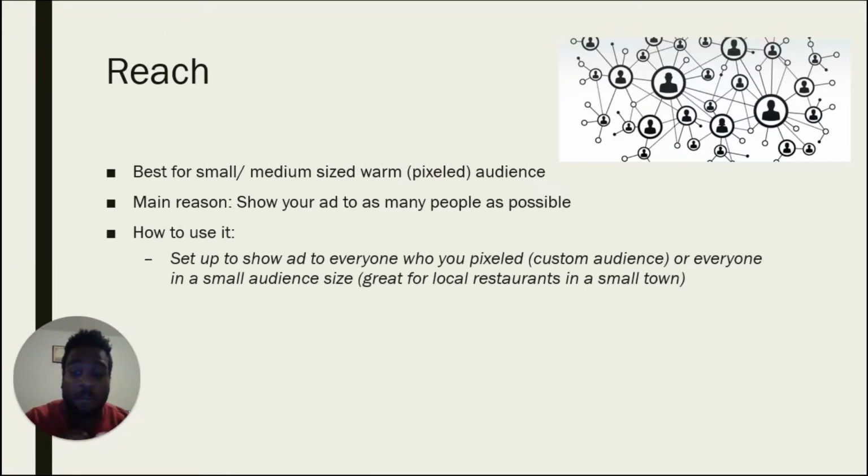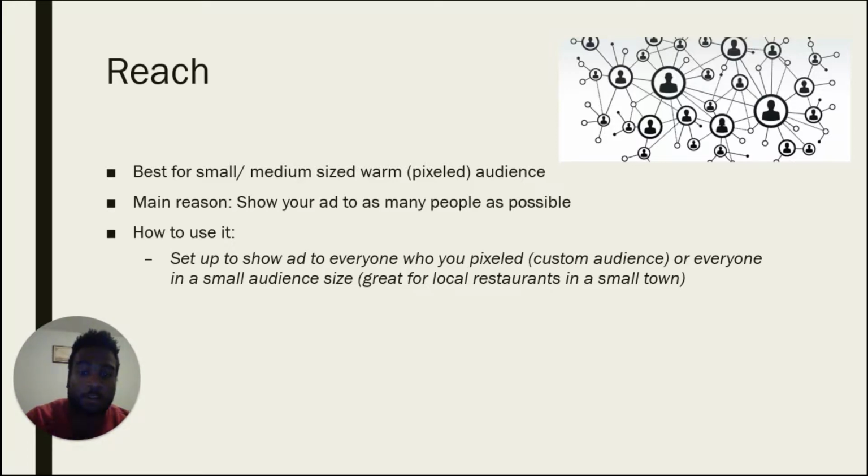If you have a very small audience of people that you've pixeled, for example if you're a local business running Facebook ads, you can show your ad to people in your custom audience. If your custom audience is really small, you can use the reach objective to make sure that everyone in that custom audience is shown that ad, and you know they're already interested in your product since you pixeled them.